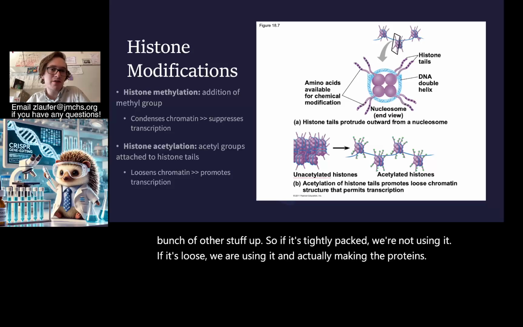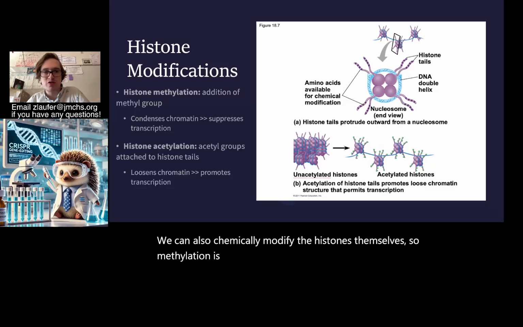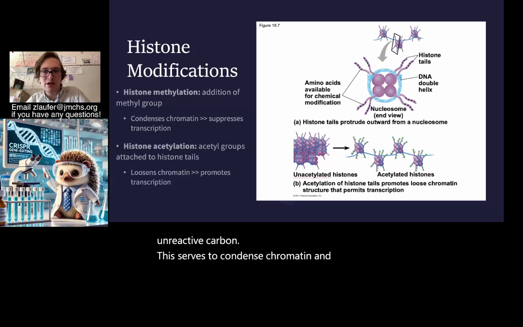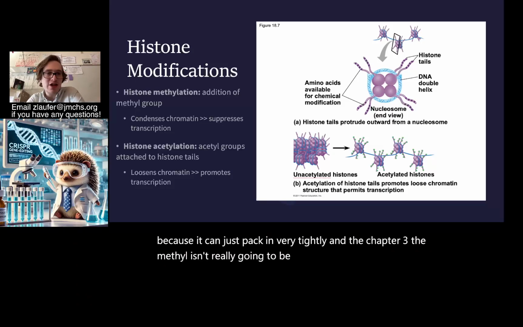We can also chemically modify the histones themselves. Methylation is the addition of a CH3 group, basically just unreactive carbon. This serves to condense chromatin and suppress transcription because it can just pack in very tightly, and the CH3, the methyl, isn't really going to be reactive. Acetylation, on the other hand, is more reactive.